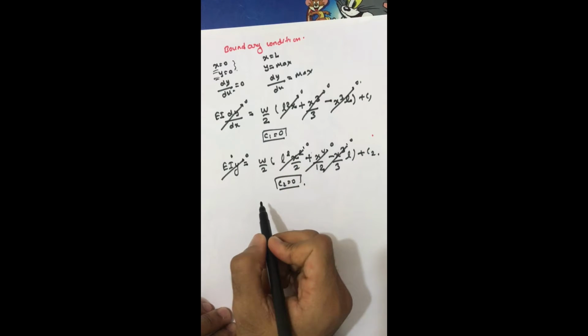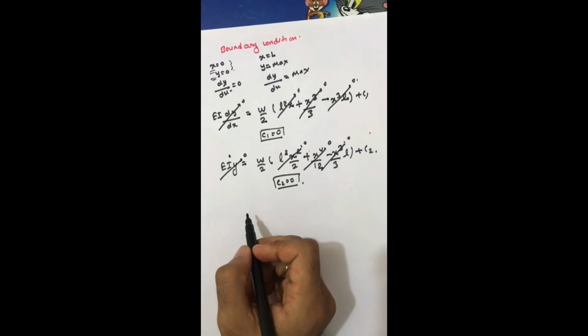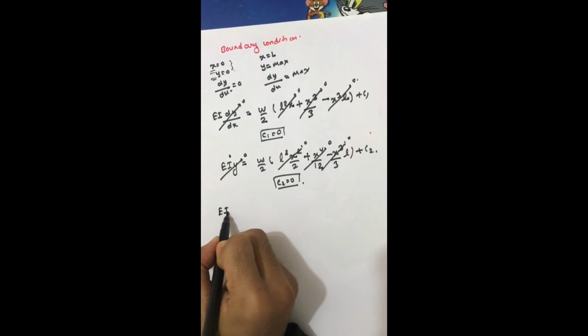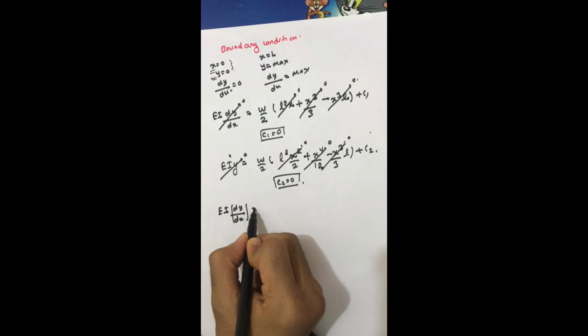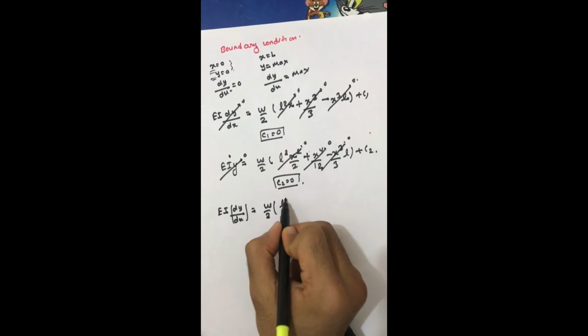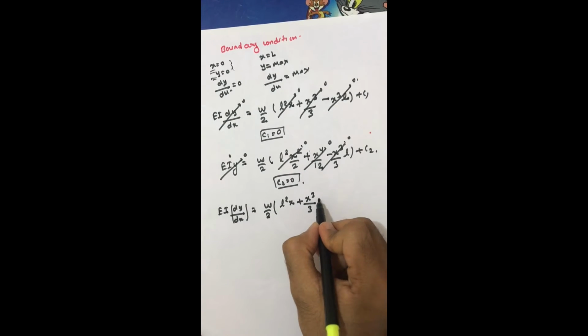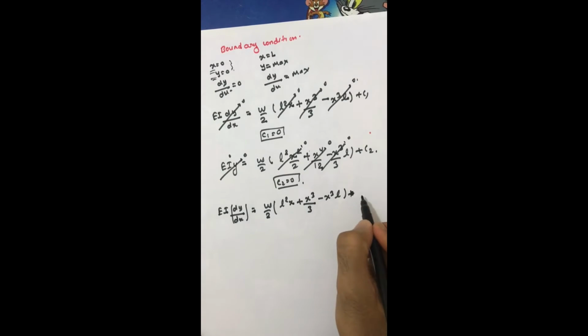I will put them in equation 1, equation 2 and equation 3, and equation 2 and equation 3 become like this. EI dy/dx equals w/2 times (L squared x plus x to the power of 3 divided by 3 minus x squared L), plus C1, no need of writing C1.